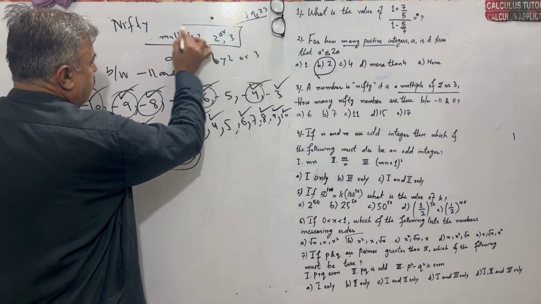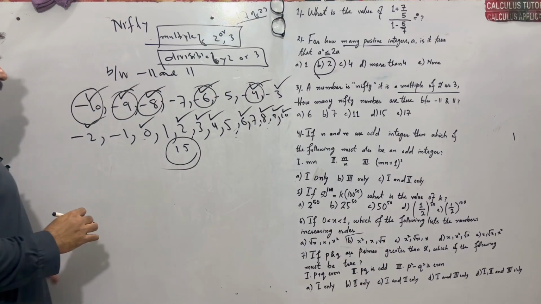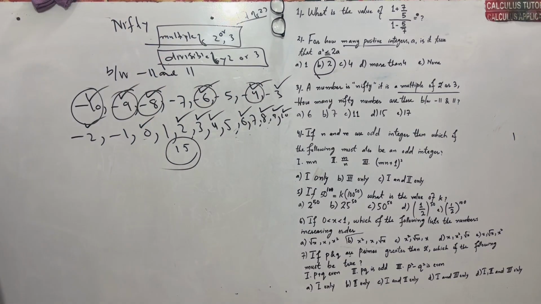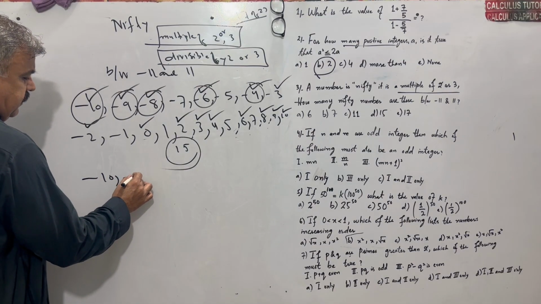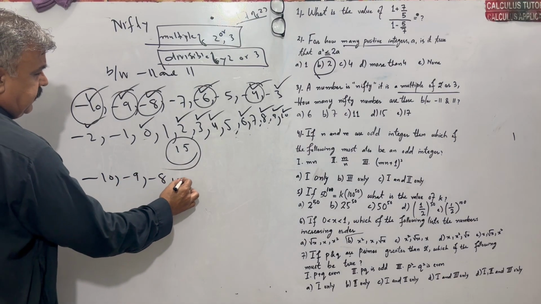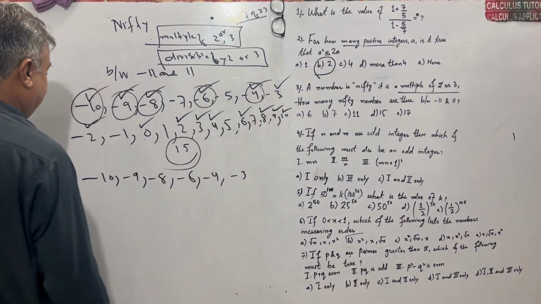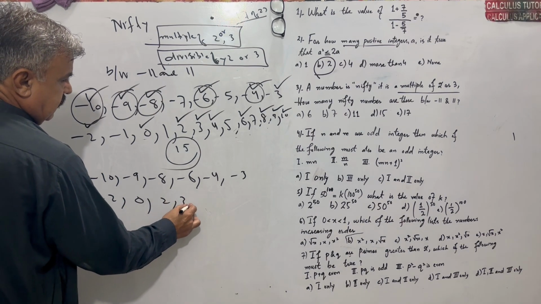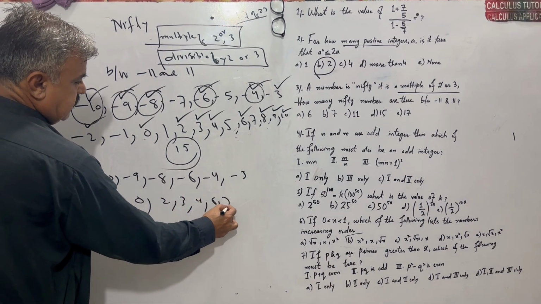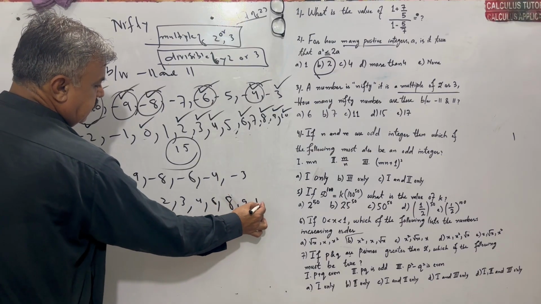Both statements are tantamount. So these are the numbers: minus 10, minus 9, minus 8, minus 6, minus 4, minus 3 that we have missed, minus 2, 0, 2, 3, 4, 6, 8, 9 and 10.